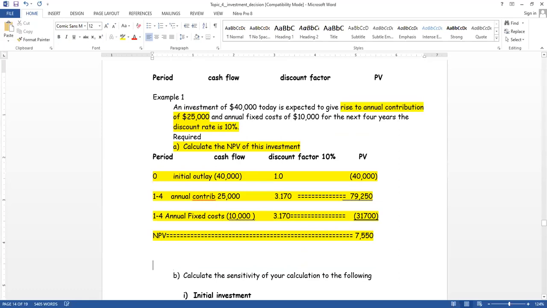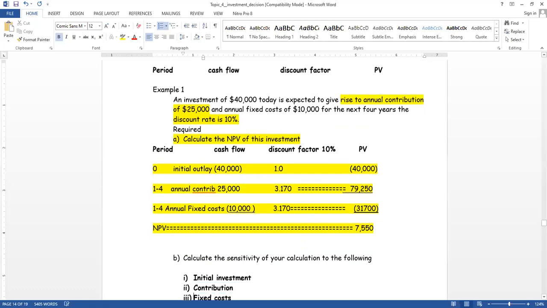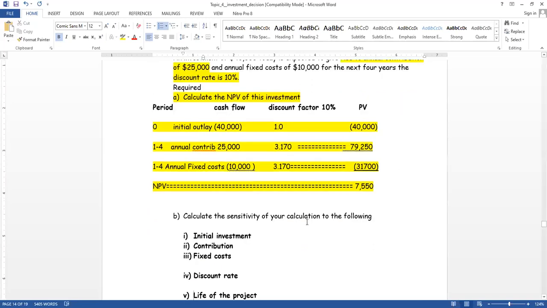But then part B, they're asking, what is the sensitivity of your calculation to the initial investment? How sensitive is the initial investment?